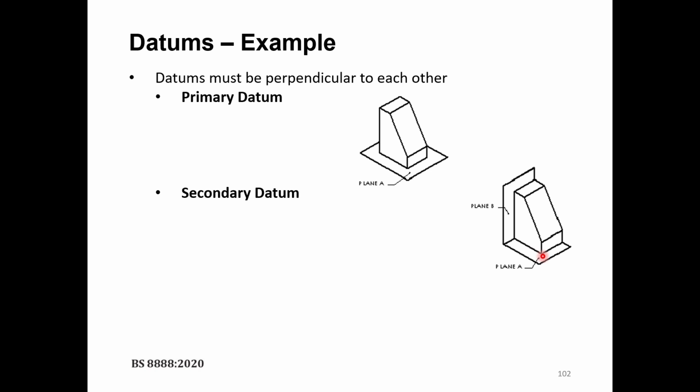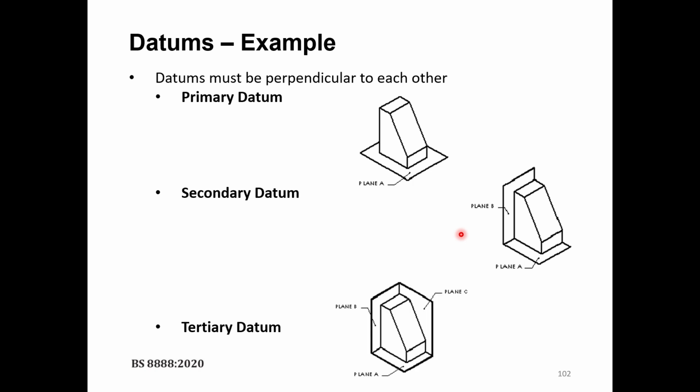Plane A is used as datum A, plane B is used as secondary datum, and then the third one here, plane C, is used as datum C. So we have primary, which is A, secondary, which is B, tertiary, which is C, and all 3 of them are perpendicular to one another.